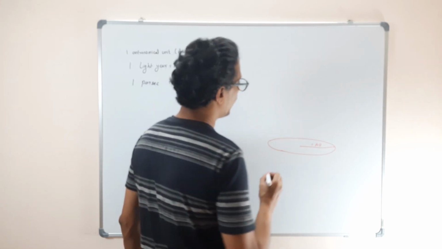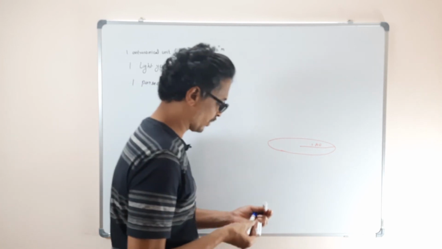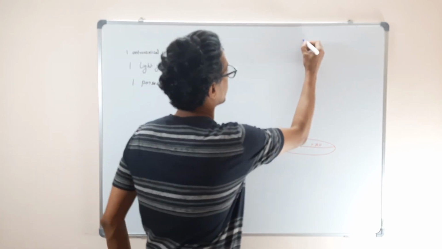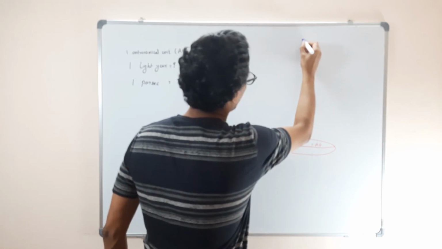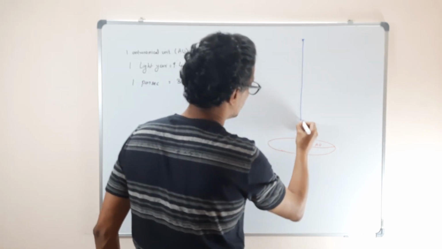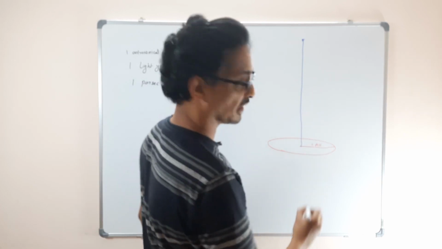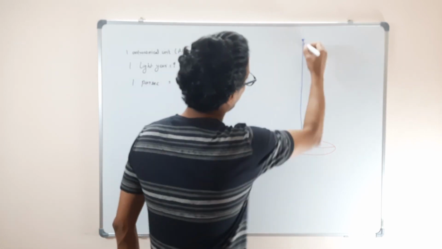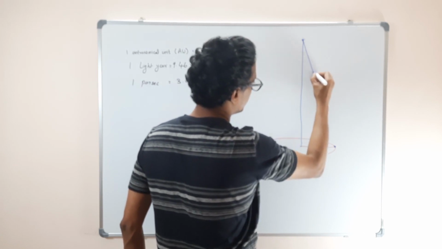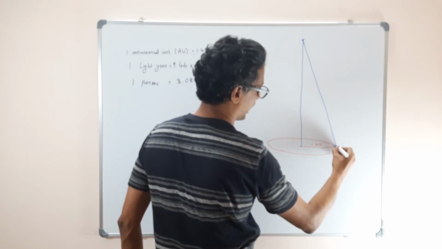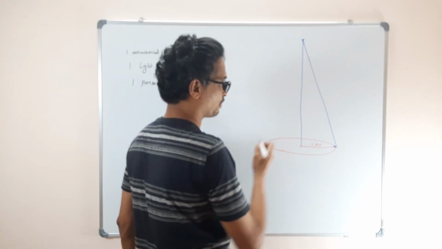Take some distant star, exactly above the sun, and when the earth is here, this is the parallax, if you remember the two-side parallax.